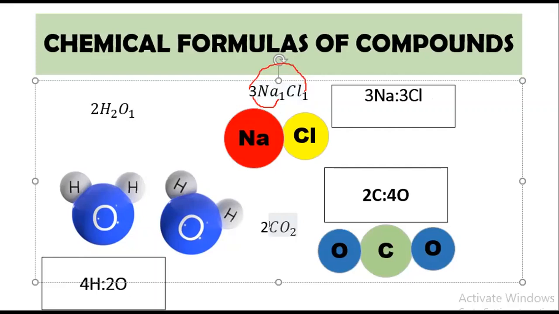Okay, I'm going to do another one. Let's put a 3 before CO2, right? Remember, guys, this number here represents how many molecules of carbon dioxide there are. So there are now 3 molecules of carbon dioxide. And how does that look? That looks like this.